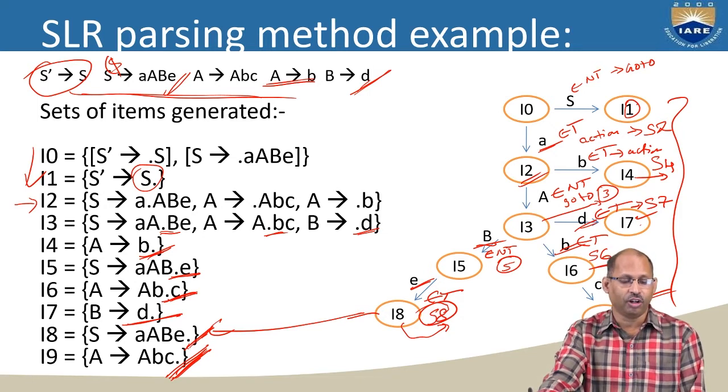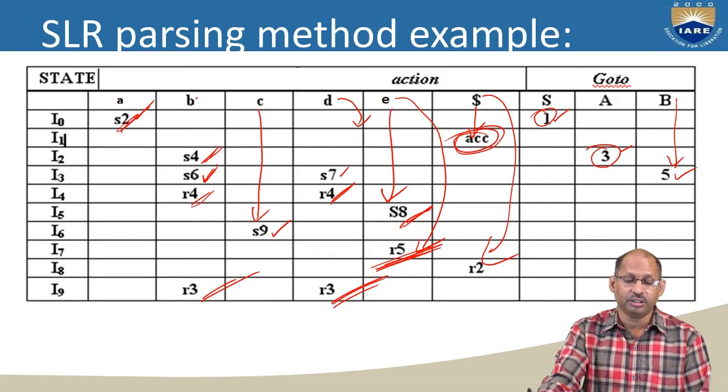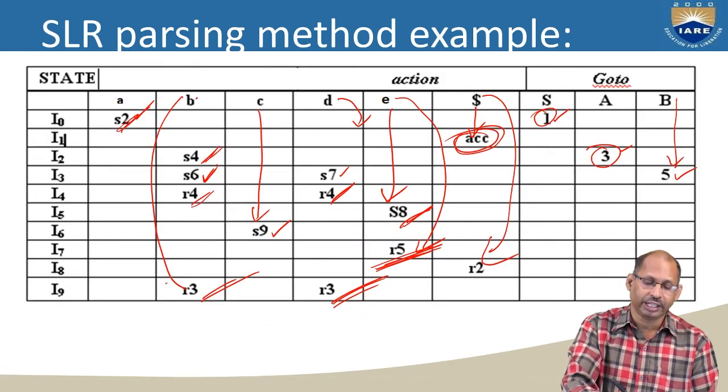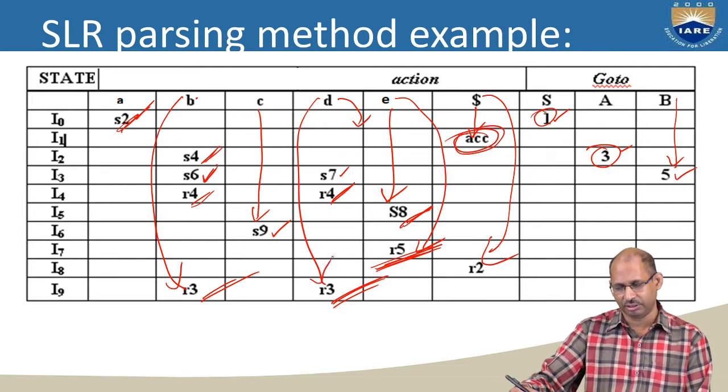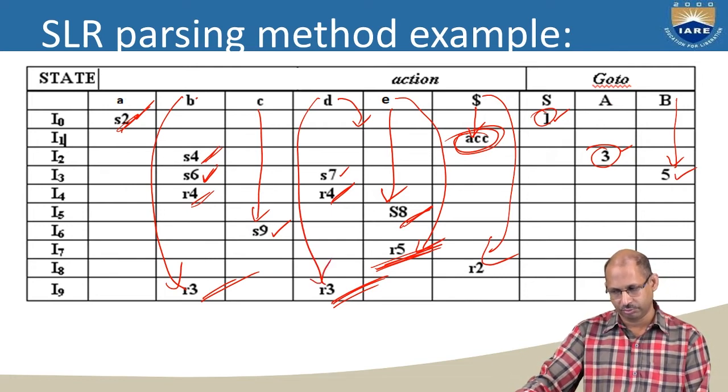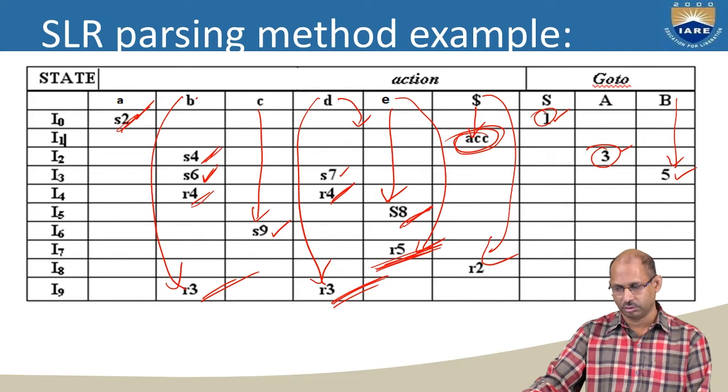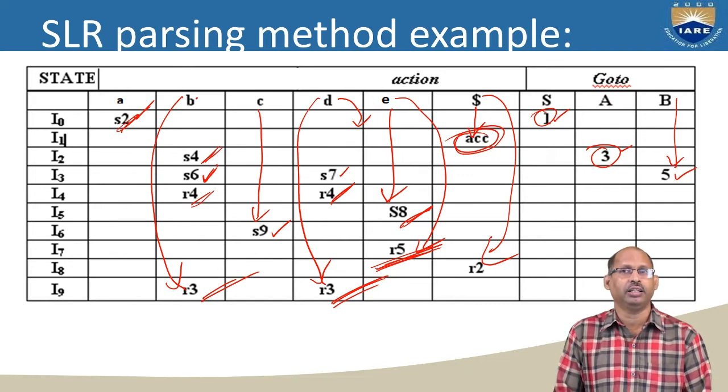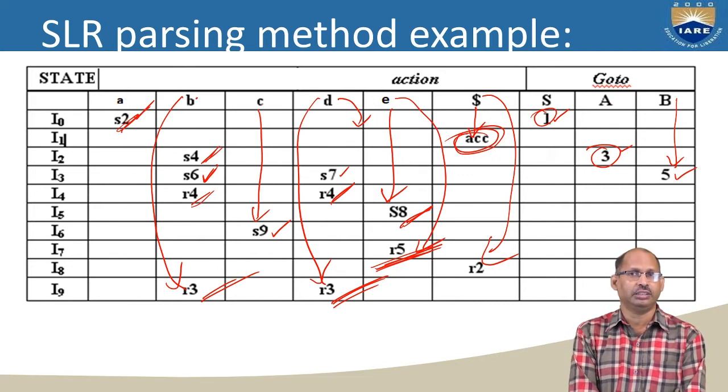So we consider follow of A. Follow of A we have already seen is B and D. So in the place of B we write R3, in the place of D we write R3. Simply we are writing B as R3, D as R3.